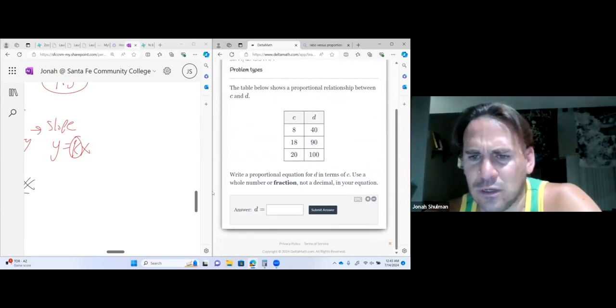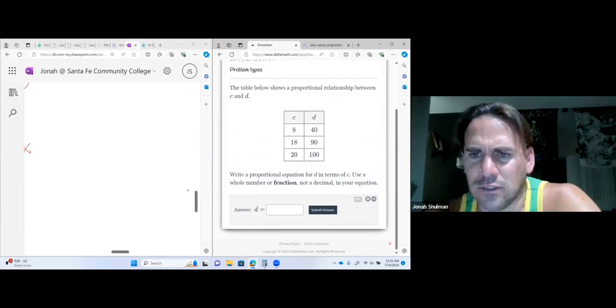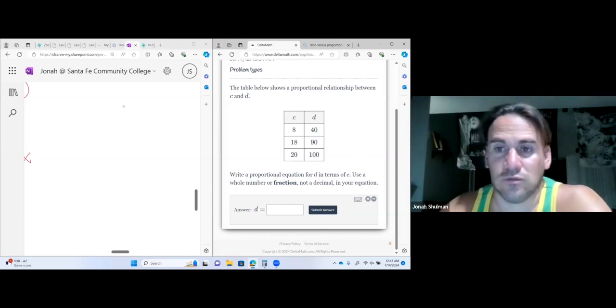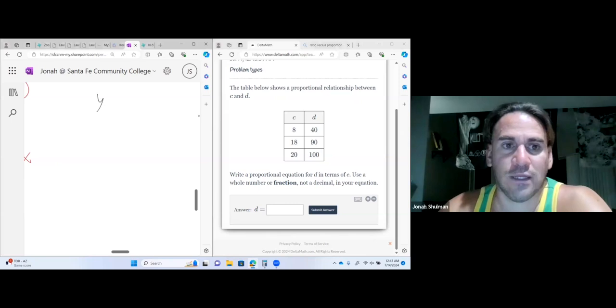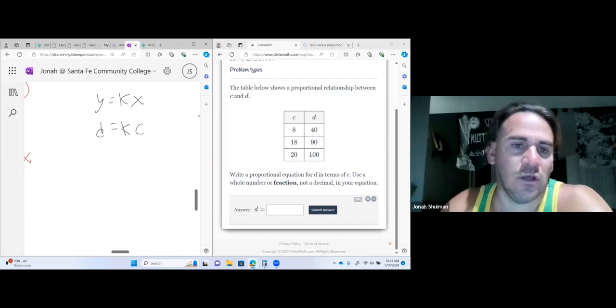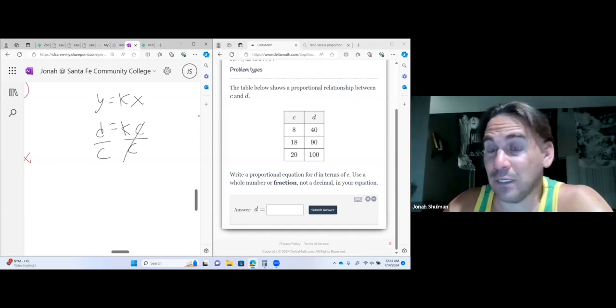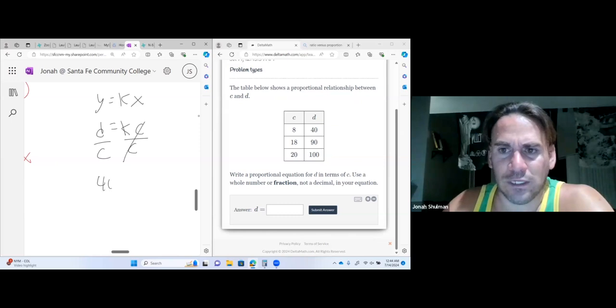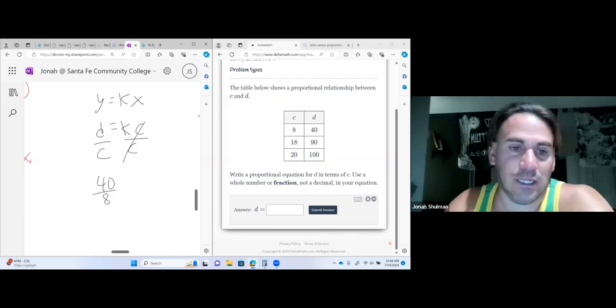Write the proportionality as a fraction, not a decimal. Okay, so C and D, write the proportionality. Oh, so we have to write the equation. So instead of Y equals K times X, this is D equals K times C. To get this, you just have to do what? D divided by C. So what is 40 divided by 8?